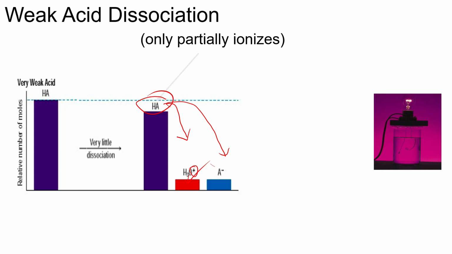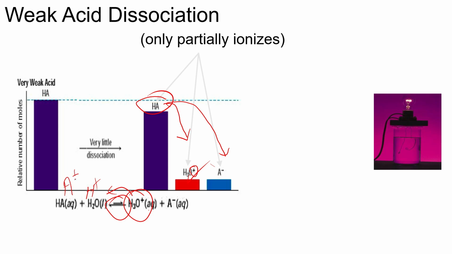Little molecules are ionized. In HA plus H2O, the reversible reaction means the hydronium ion after its formation can dissociate on the opposite side to give the proton again to combine with A minus to give the acid. It's a reversible reaction.